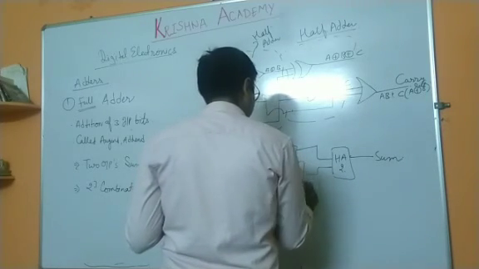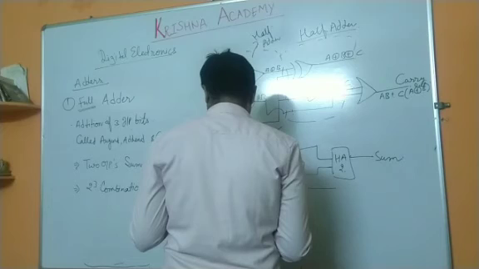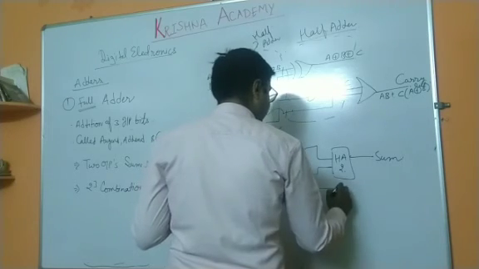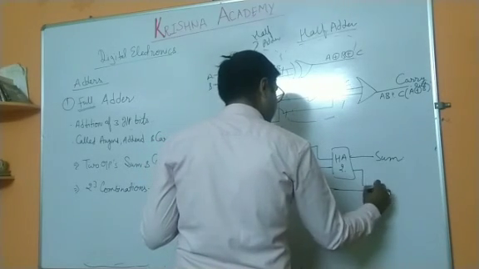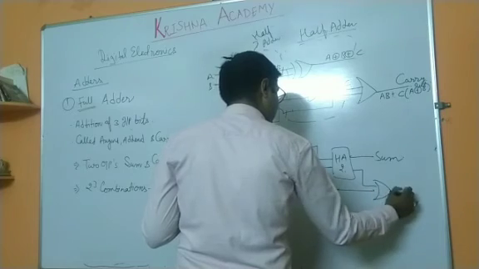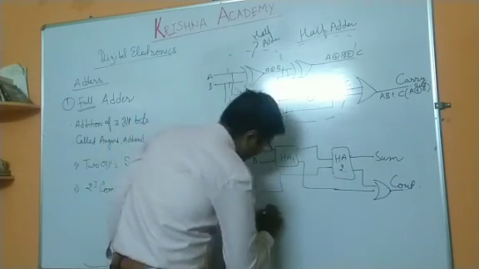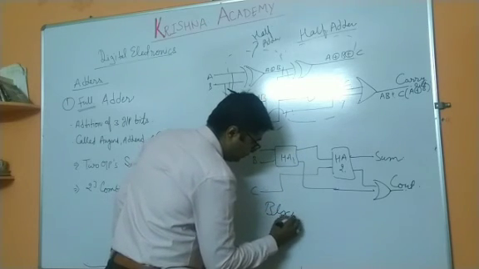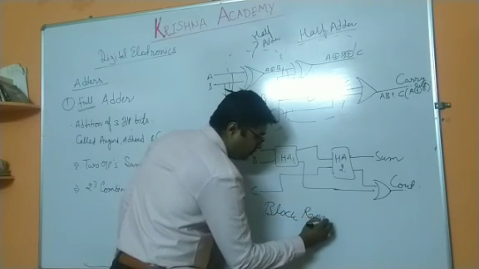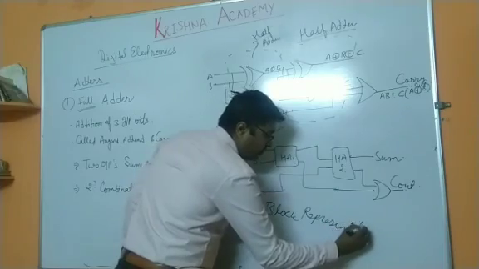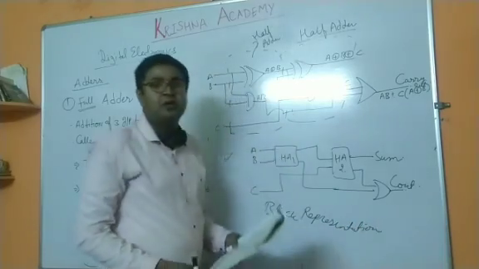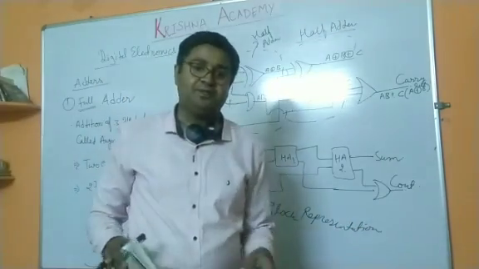Again this output is carry out. This is the block representation of a full adder circuit using two half adder circuits.